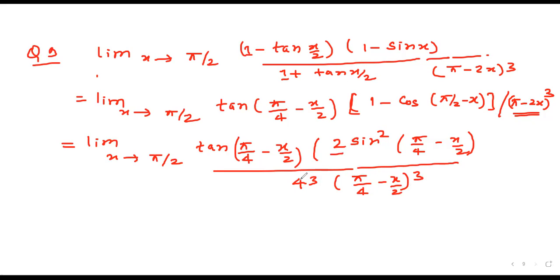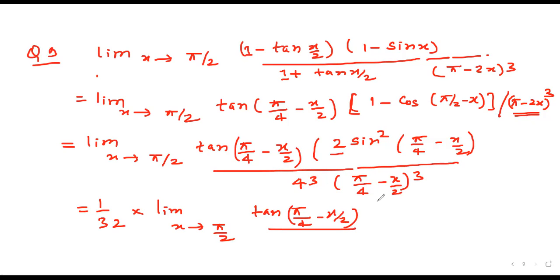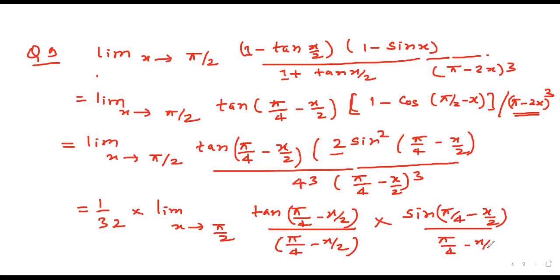So 2 and this 4 cube is 64. So that will give 1 upon 32 times limit x tends to pi by 2, tan pi by 4 minus x by 2 divided by pi by 4 minus x by 2 times sine pi by 4 minus x by 2 whole divided by pi by 4 minus x by 2 whole square.